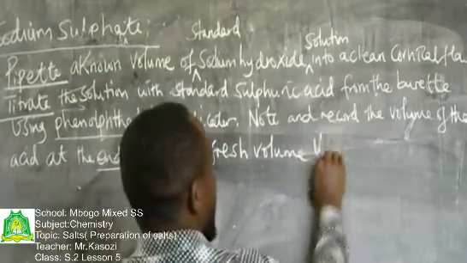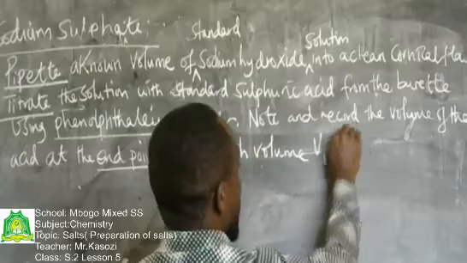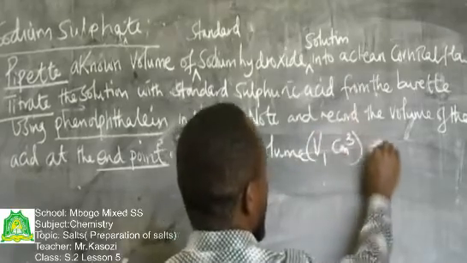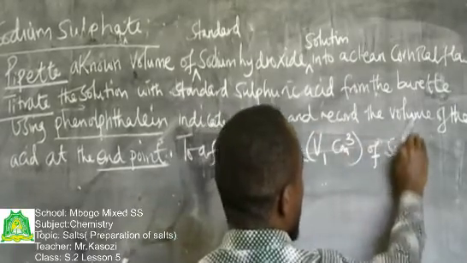That is V1 cubic centimeters of sodium hydroxide.